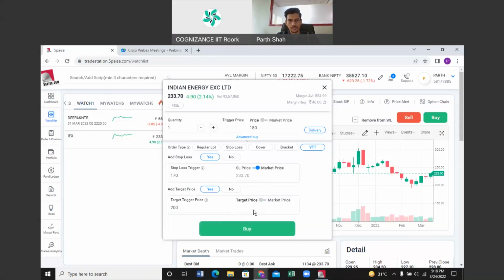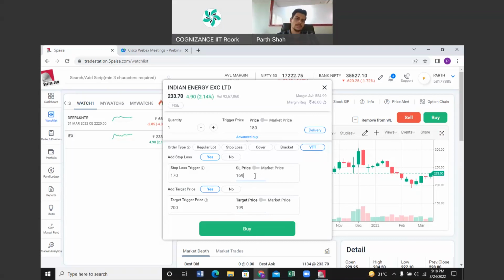I'll make it a market order. So the stop loss price is 170, I'll keep it 169. Target price at 200. Sell it at, both are selected.